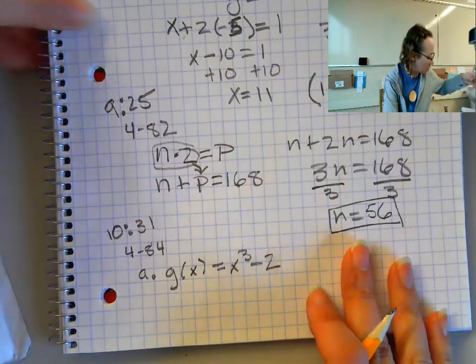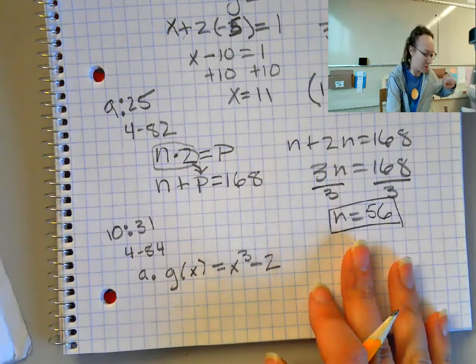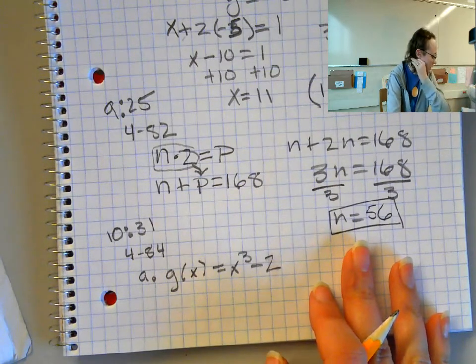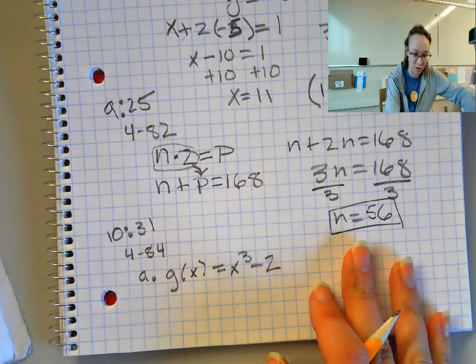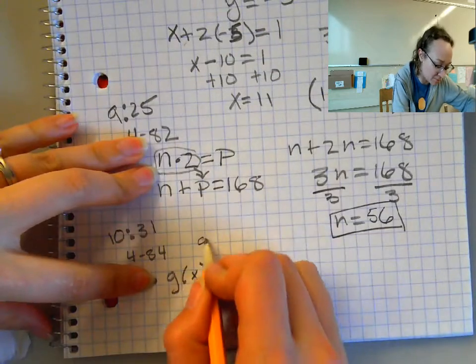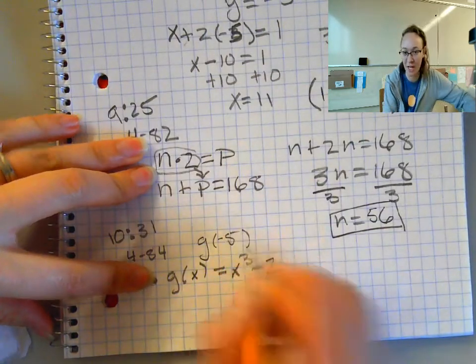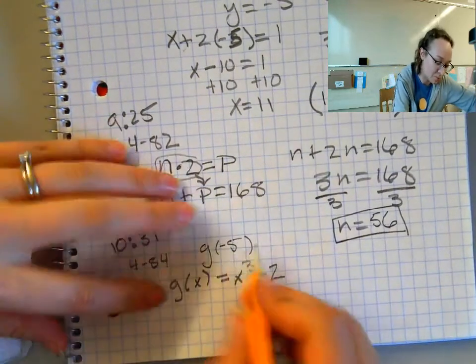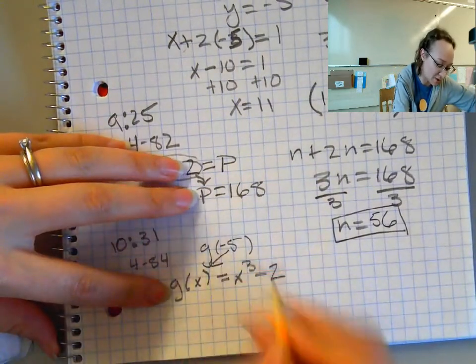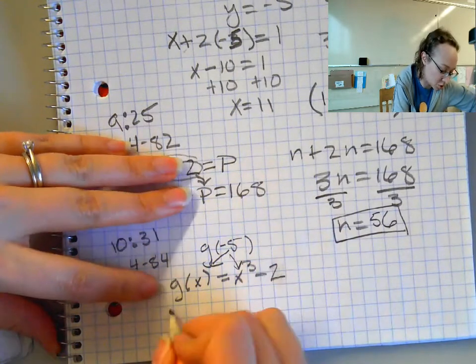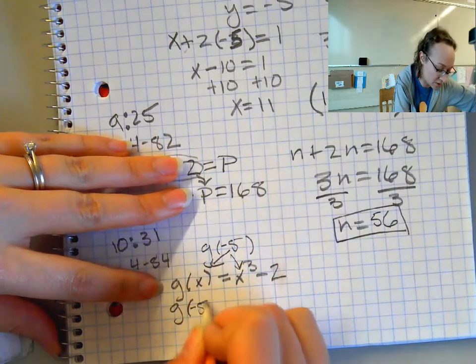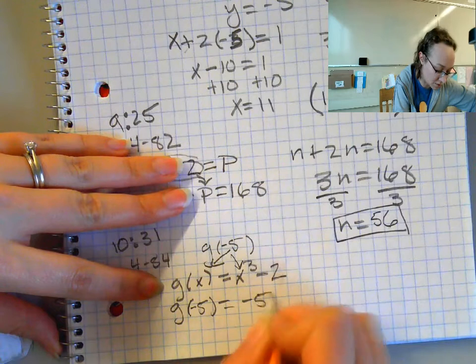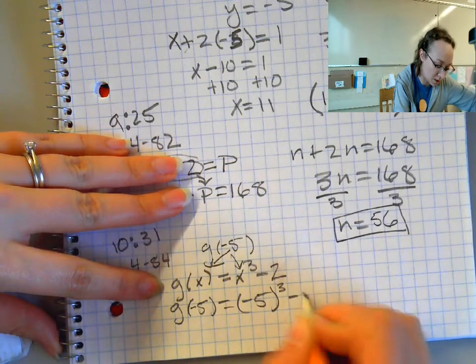All right, for 84, I got a lot of questions on this one during problem set work time. So we need to remember how functions work. So we're trying to find g of -5. That is not the same as g times -5. We're doing g of -5. So that means I put the -5 in place of all the x's. So g of -5 equals -5 cubed minus 2.